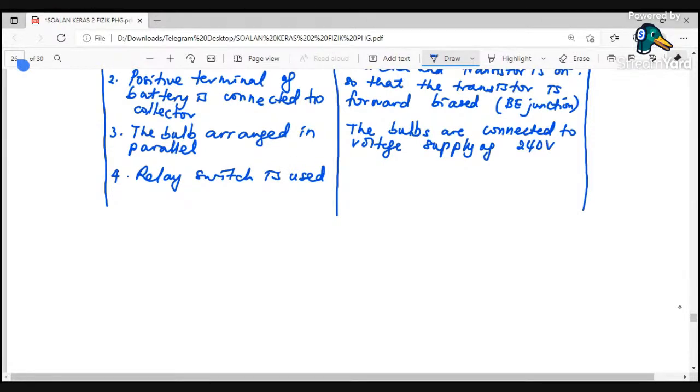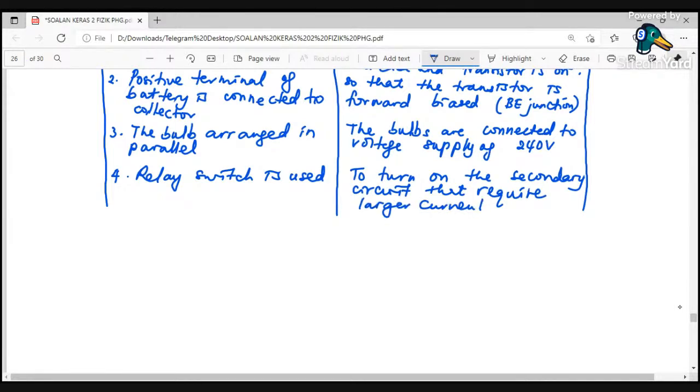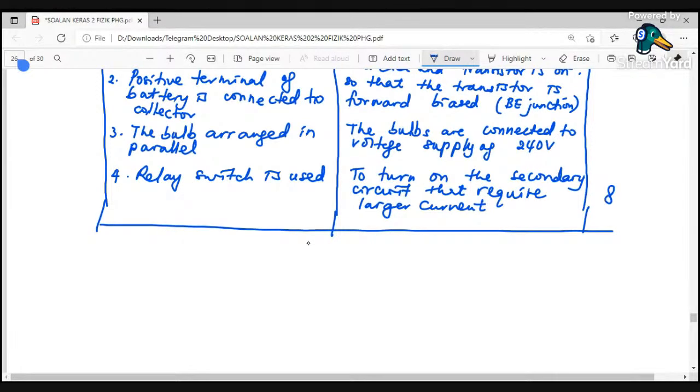Okay, to turn on the second circuit or the secondary circuit that require larger current. Okay, itu function. So kita dah dapatkan explanation di sini untuk dapat 8 markah.